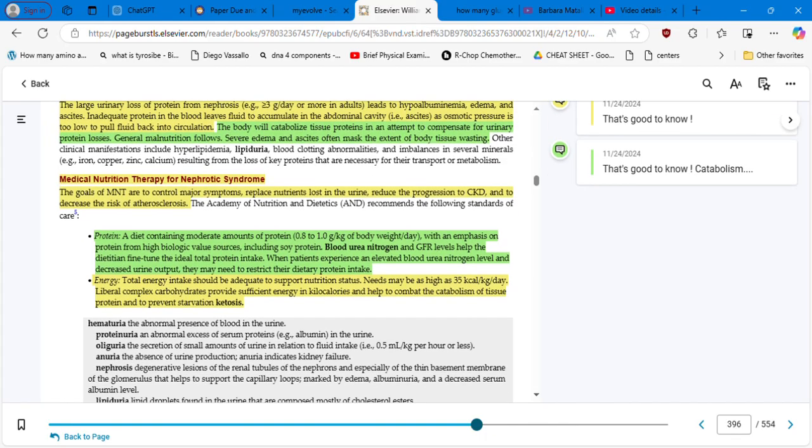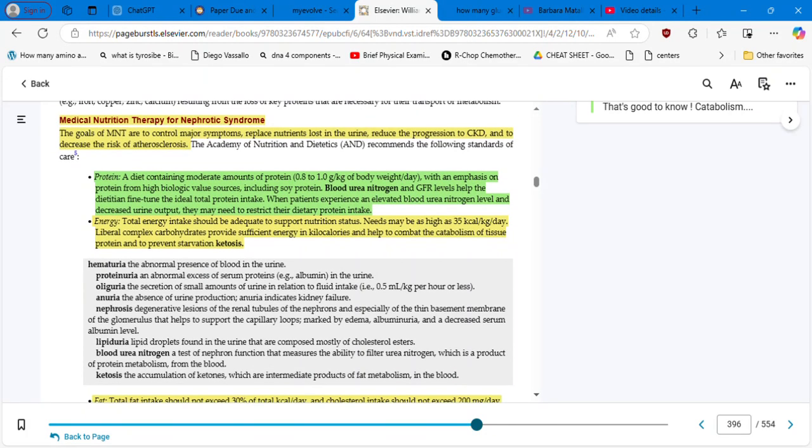Energy. Total energy intake should be adequate to support nutrition status. Please, guys, don't get anxious if you don't have the full understanding of the blood results, the BUN. Okay, little by little you are going to learn. But remember, we are building knowledge on top of knowledge.